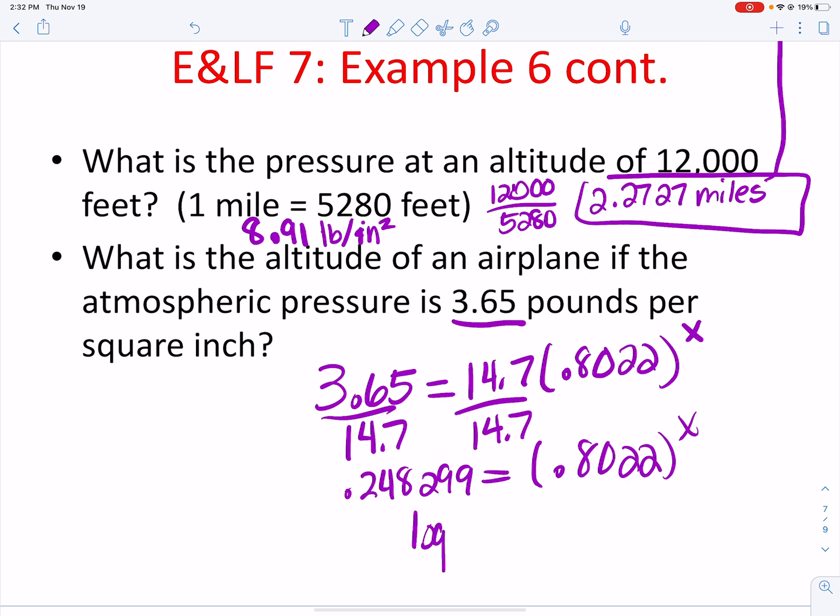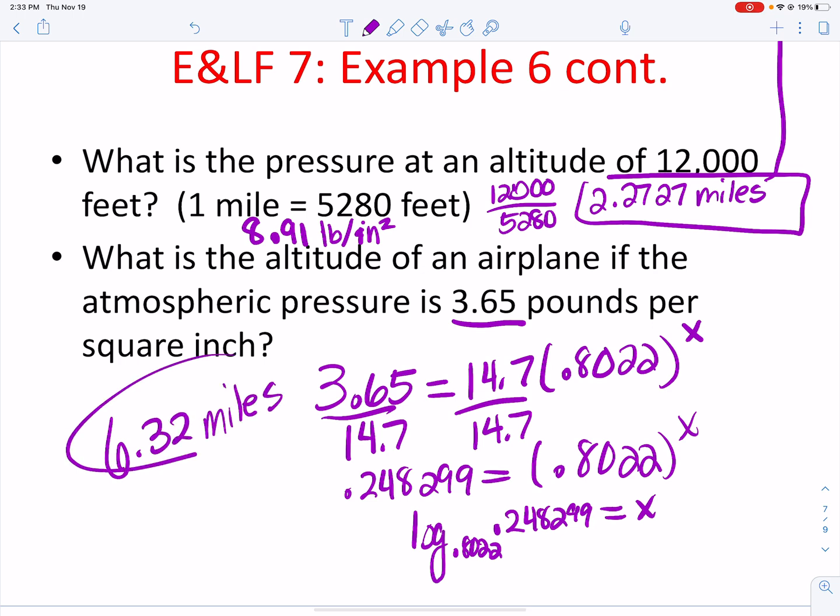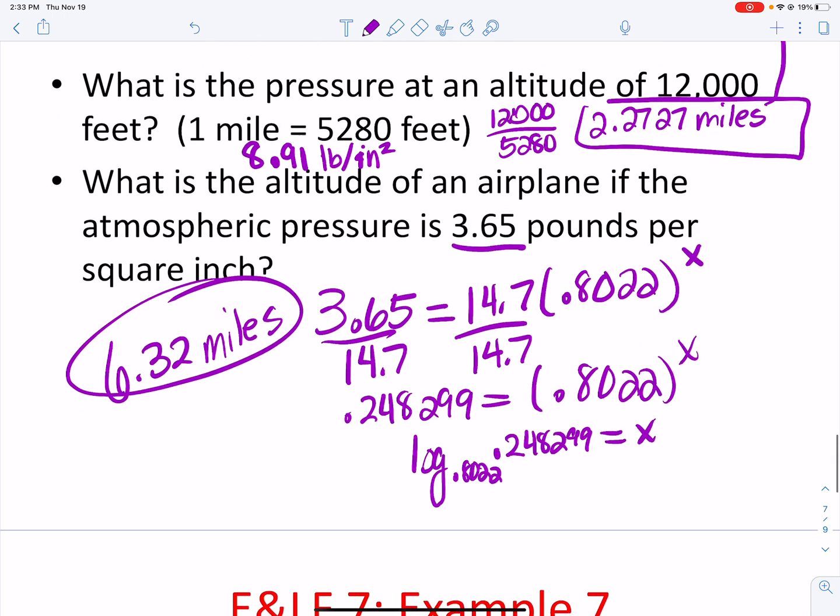Then I'm going to take log base 0.8022 of 0.248299 equals x. And so I got 6.32 miles. So whether you know the pounds per square inch or you know the miles, you can find the other one. Sometimes you need logs, sometimes you don't. It depends on what you're given.